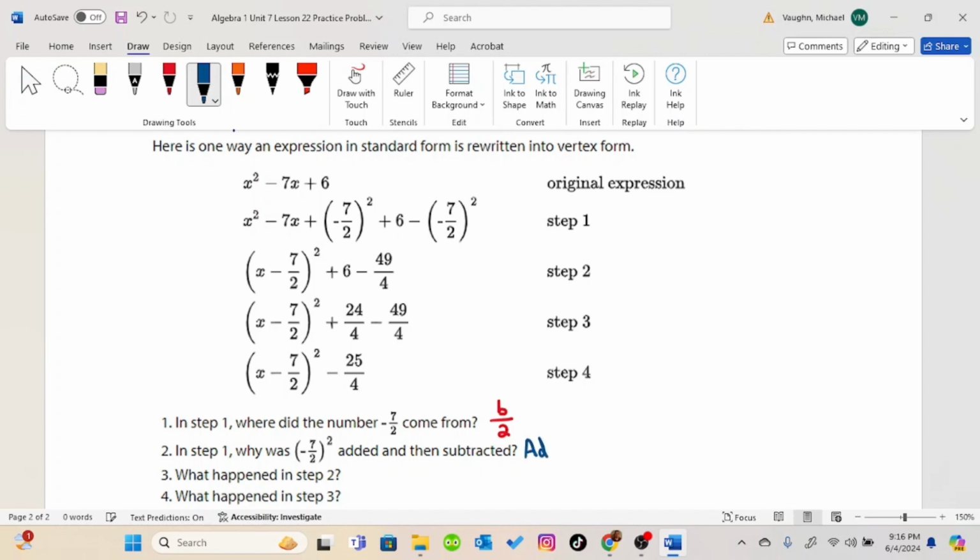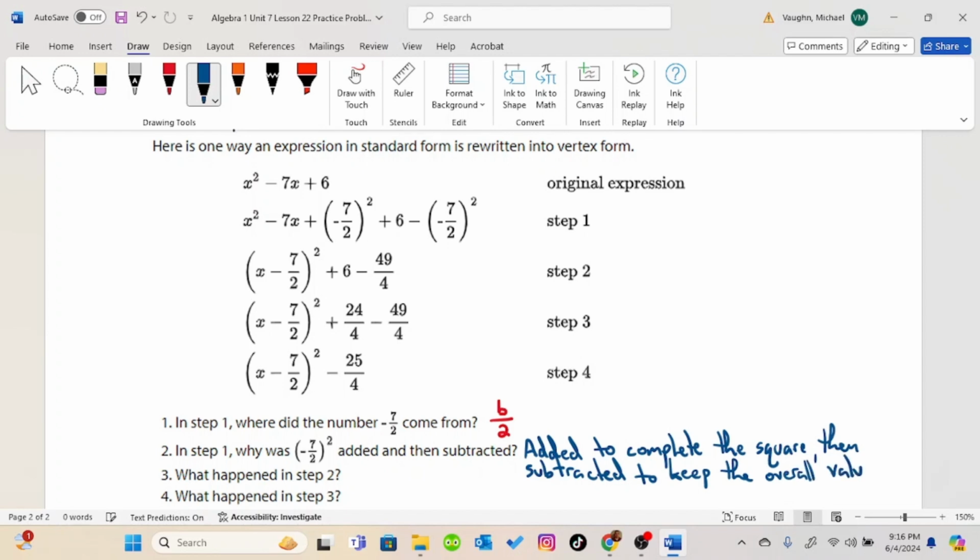It was added to complete the square, then subtracted to keep the overall value the same.